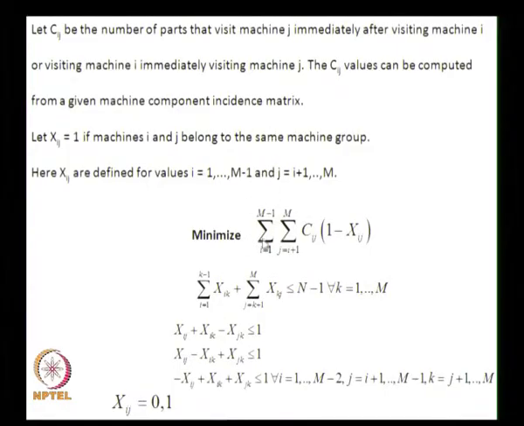So, we want to minimize Cij into 1 minus Xij. The objective function essentially tries to minimize the intercell moves, or tries to put machines that have a large number of parts visiting them immediately after each other into the same cell. That is what it achieves.